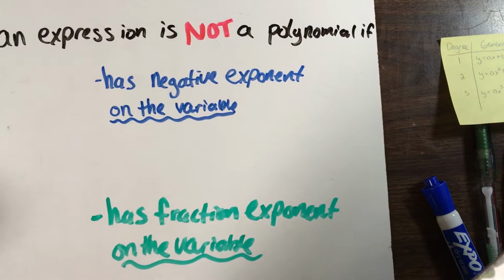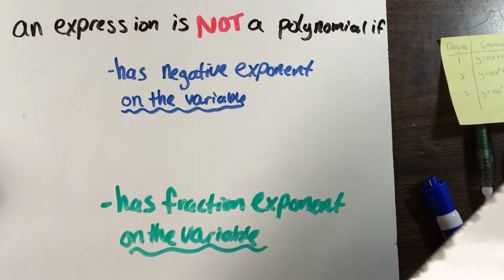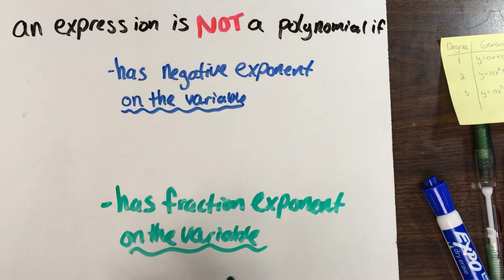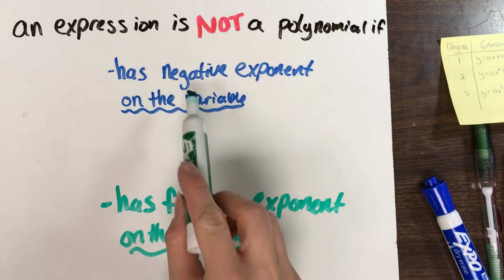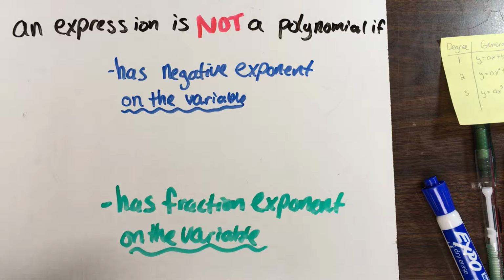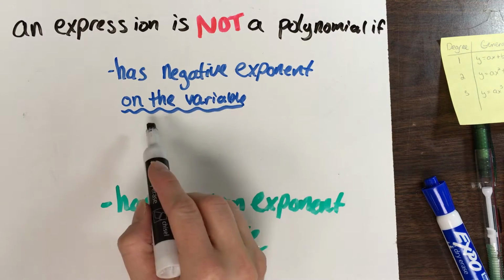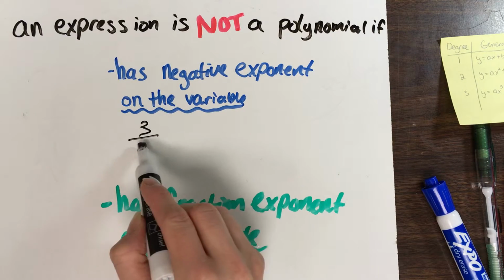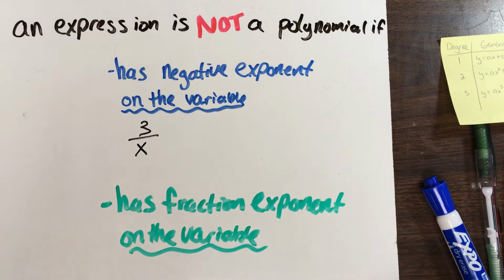An expression is not a polynomial if the exponent is negative, or if the exponent on the variable is a fraction. So examples where you would see a negative exponent would be something like this: 3 over x. Well, I don't see any negatives here.